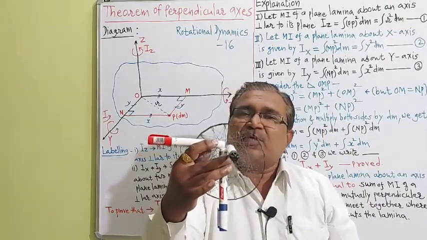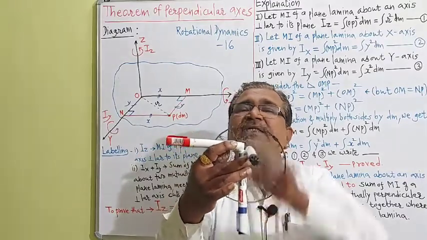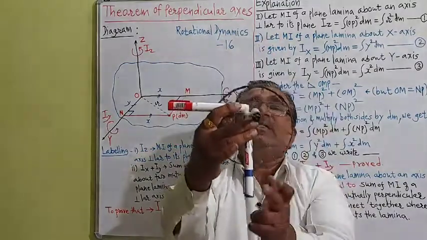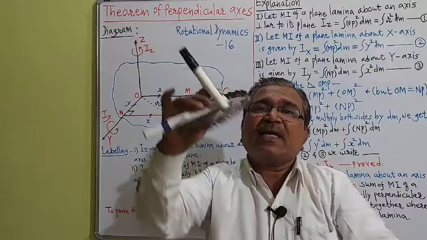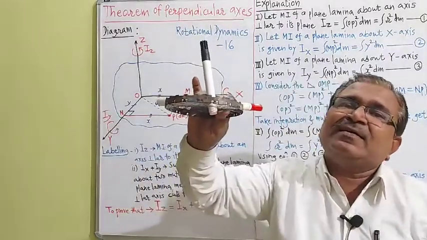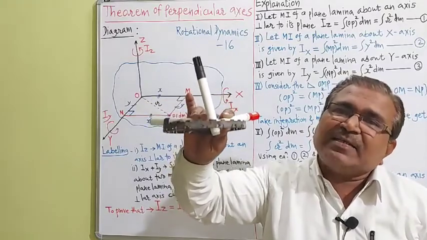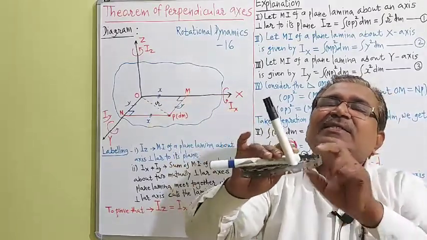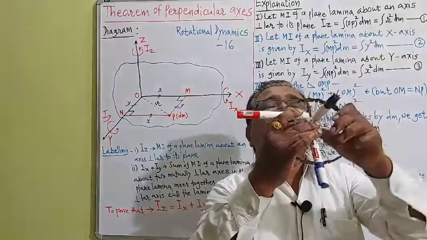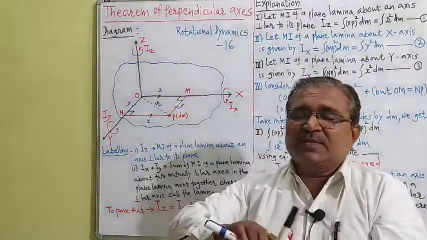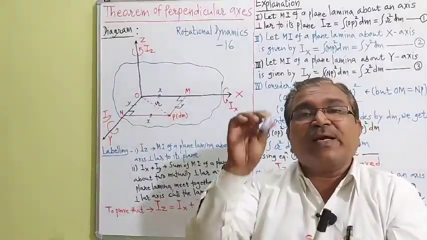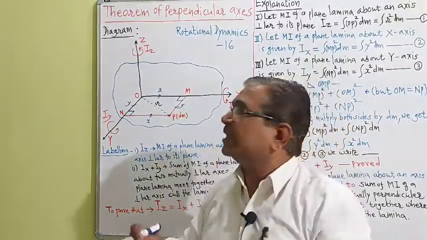Another important thing is that these two axes are in the lamina. They are not only perpendicular to each other, but they are in the lamina, and these two axes meet together where the perpendicular axis cuts the lamina.